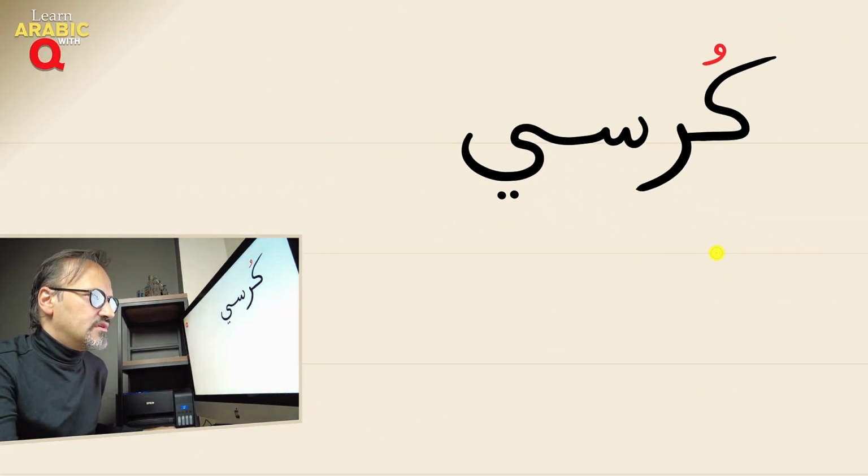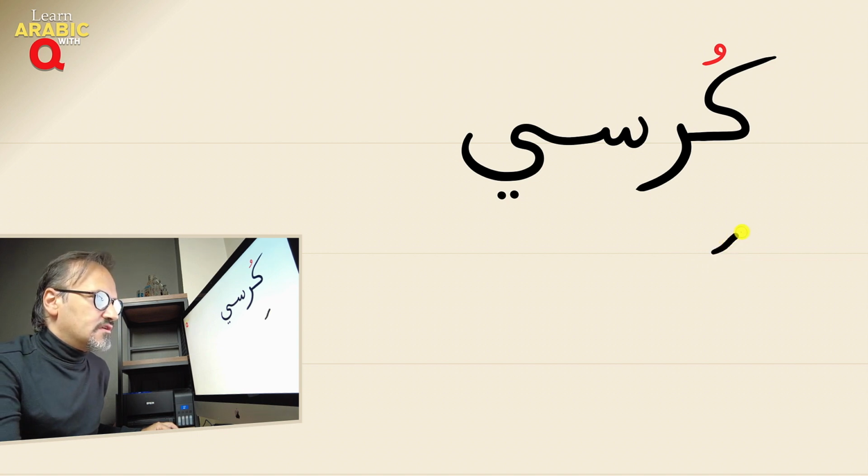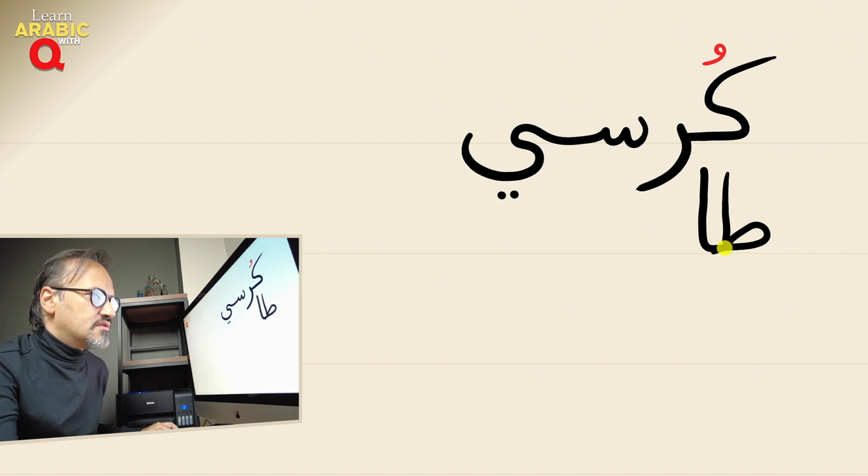We have طه. Ta. Of course, this is the ta over here. Ta has a long line over it. Ta, we, le.